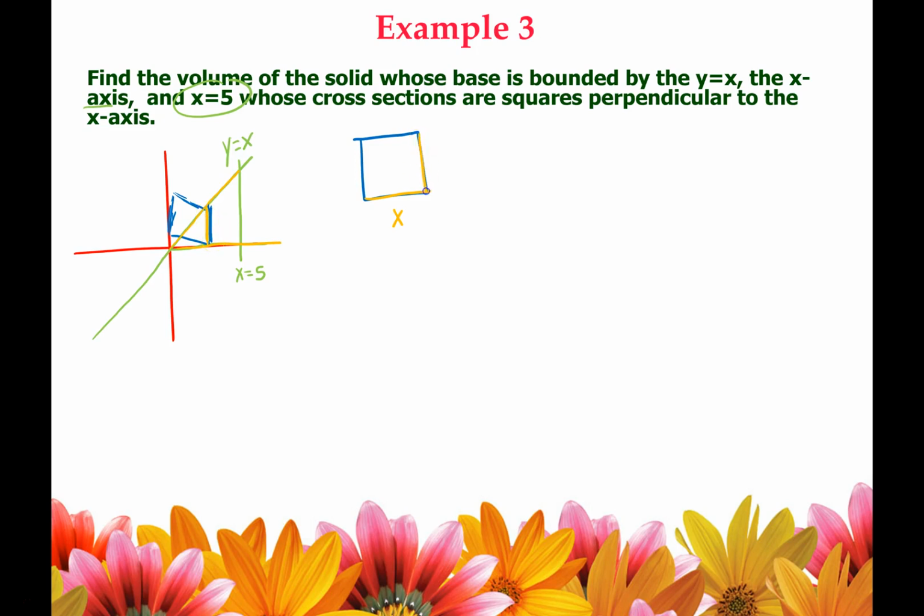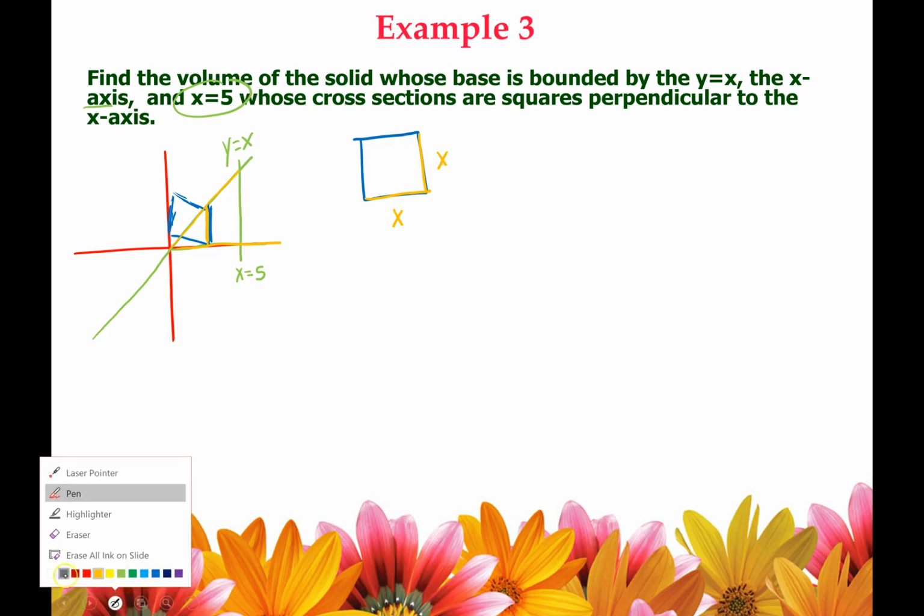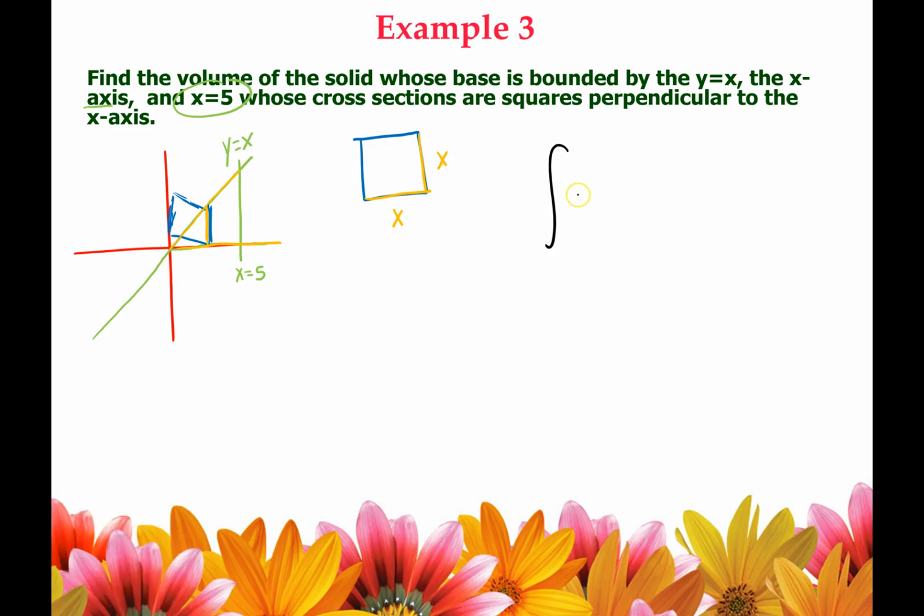And then of course, if it's a square, we know this will be x as well. So the area of our cross section is just going to be x times x, which is x squared. And now we're going from 0 to 5. And that would give us our answer. And certainly you could pick up your calculator and get an actual answer for that.